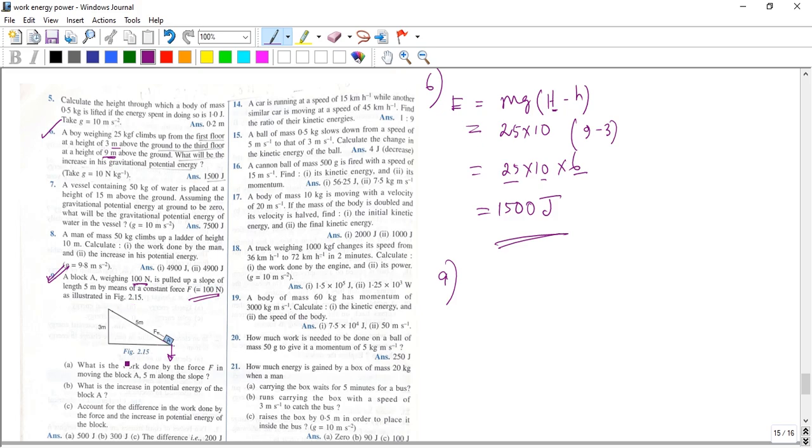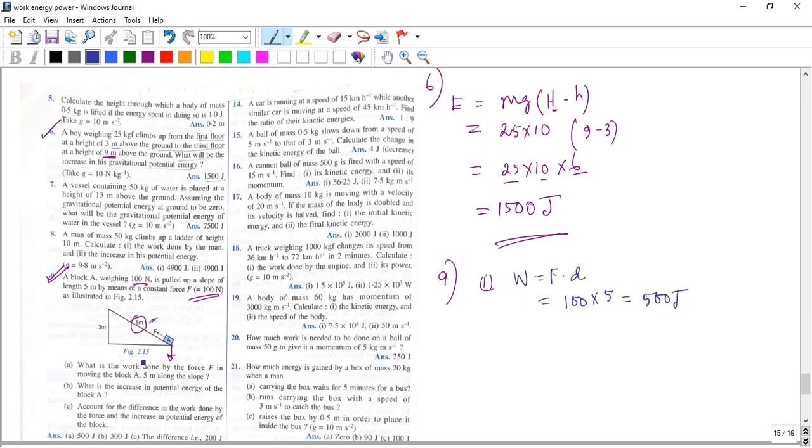What is the work done by the force if block A moves 5 meter along the slope? Very easy. Force is 100 Newton and displacement is 5 meters, so work done equals force times displacement, which is 100 times 5, equal to 500 joules.